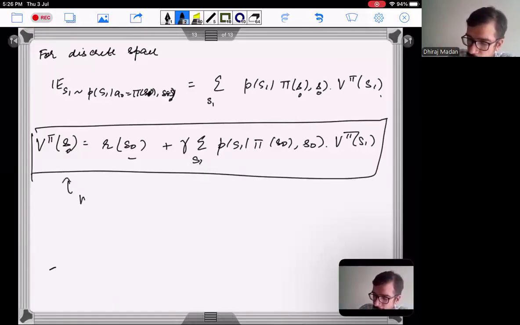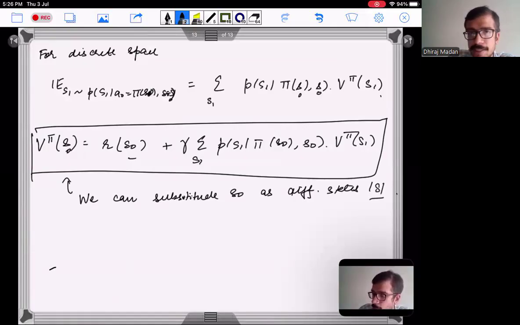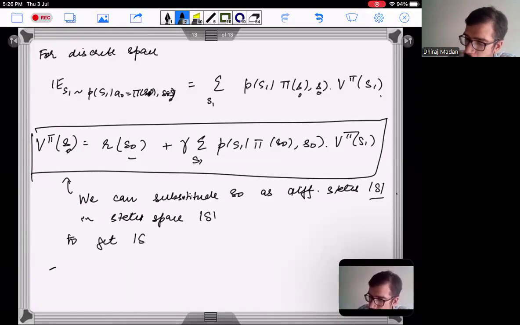So we can substitute S naught as different states. How many states are there? Mod S states, the different states in the state space S, to get mod S equations in mod S variables.